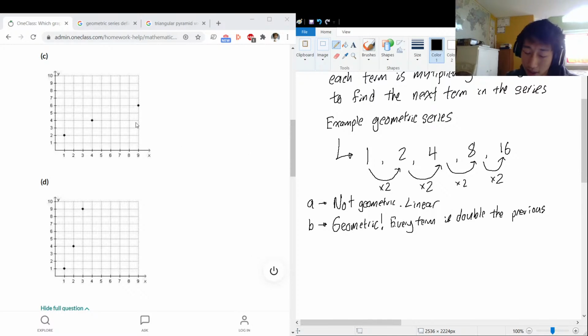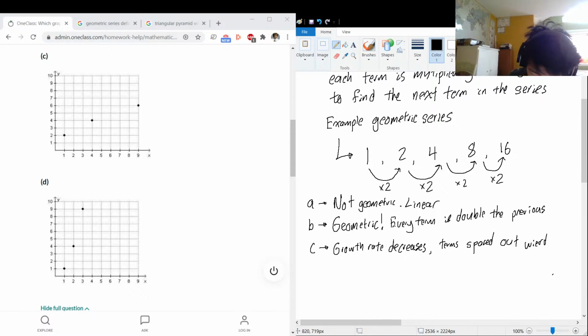Regardless, there are multiple things about C: the growth rate decreases, and terms are spaced out weird. It's probably the best way I can describe it. Regardless, we're disqualifying C from our possible options.